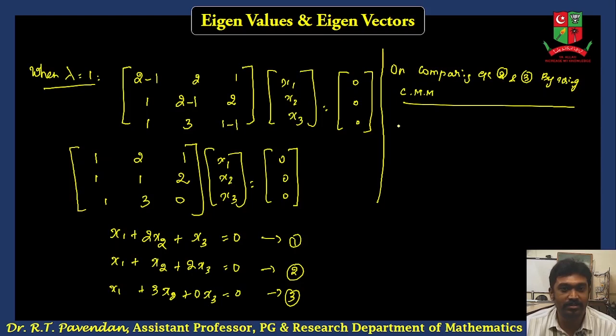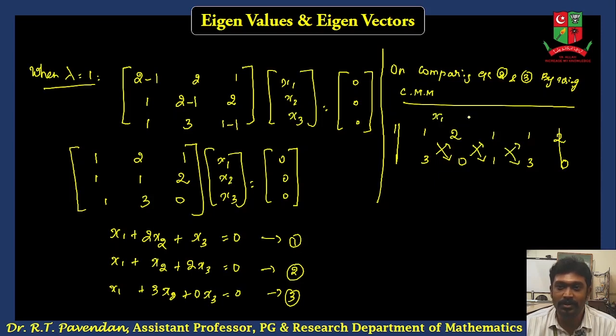We start with the coefficients of equation 2, that is 1, 1, 2. Moving on to equation 3, that is 1, 3, 0. Now just omit the first entry and the last entry. Cross multiplications of these terms will give you the x1 value, x2 value and x3 value.